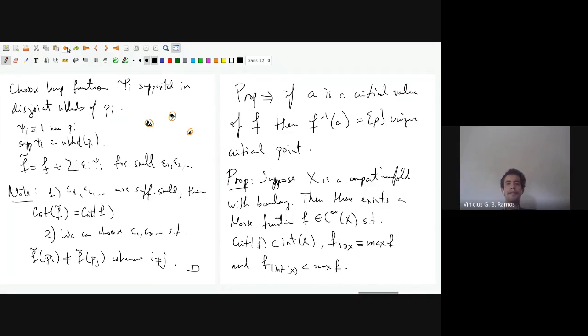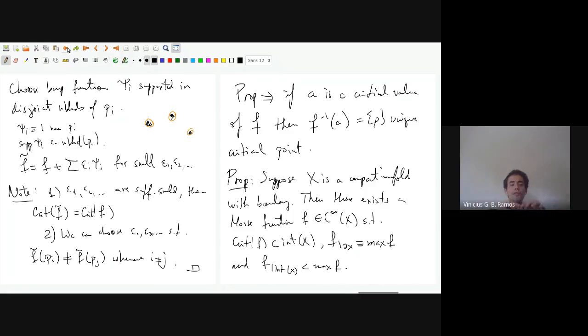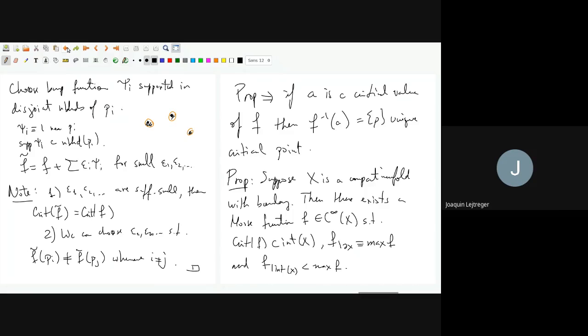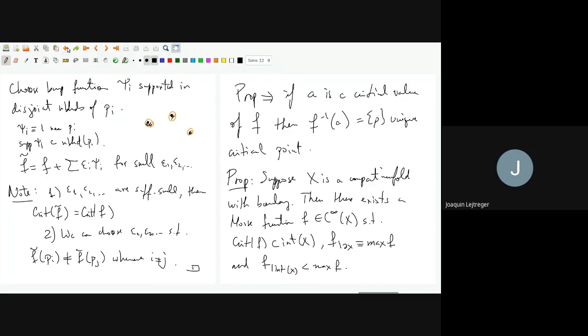So you control the size of the derivative there with the epsilon. Because you're a little bit away from each critical point, right there you're a little bit far from zero. So you just have to make the epsilon sufficiently small so that you don't hit the value of the derivative of f, at any point in that little collar. Okay. Thank you.